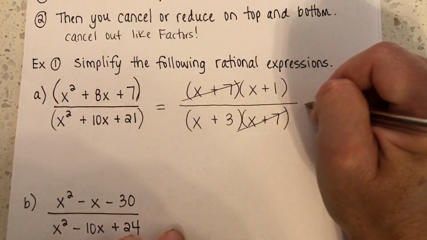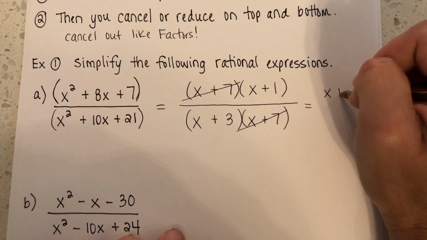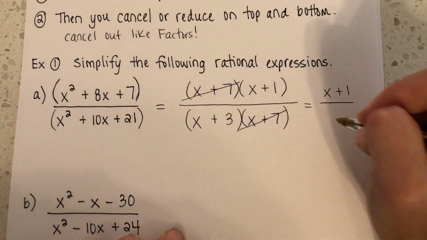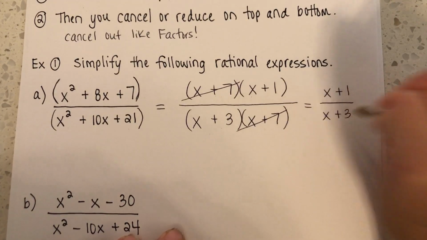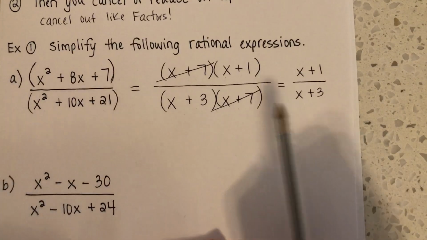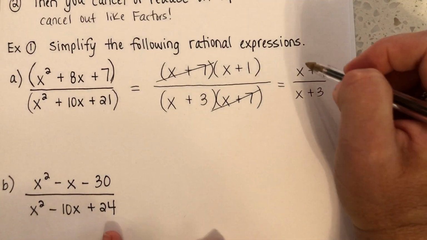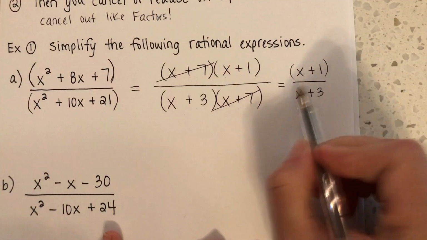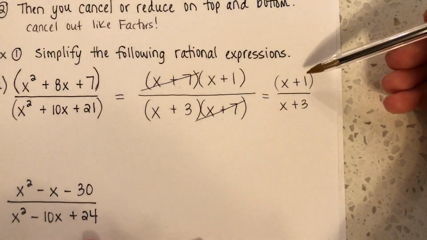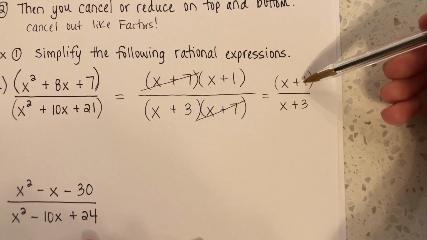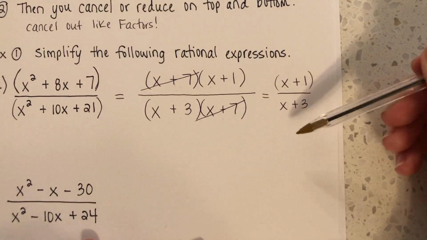That leaves you with an x plus 1 on top over an x plus 3 on bottom. If you're tempted to cross these x's out, you cannot. Remember, x plus 1 is a package. Leave it in parentheses to remind you that an x plus 1 would only cancel with another x plus 1 on bottom.